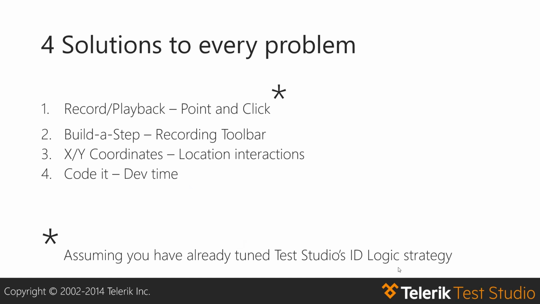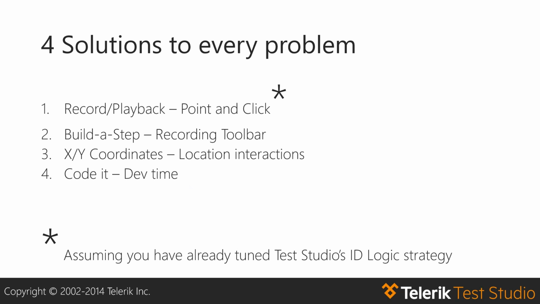We're going to talk about this over and over because it's critically important to understand that Test Studio is highly flexible and it needs to be adjusted for each product. Every product is different. Every application is different.